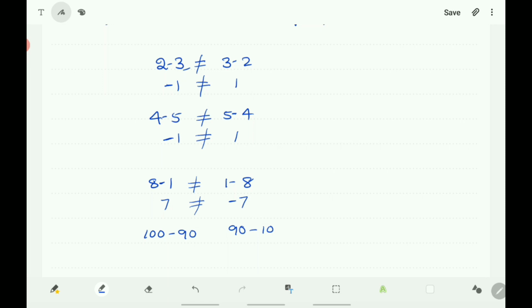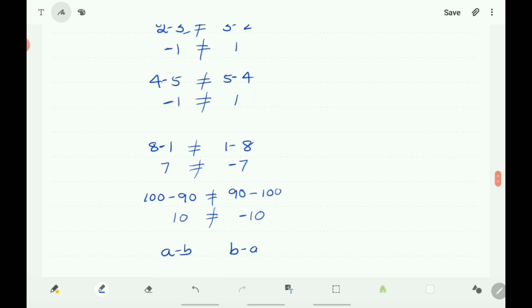Next you take 100 minus 90. 100 minus 90 is 10. And 90 minus 100 is minus 10. You know that 10 is not equals to minus 10. Therefore 100 minus 90 is not equals to 90 minus 100.